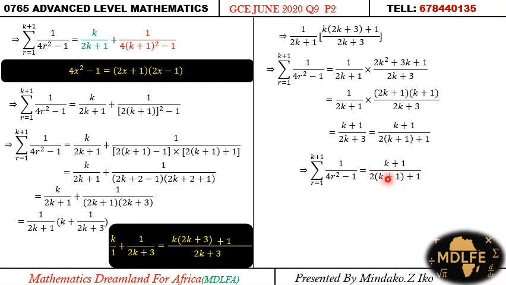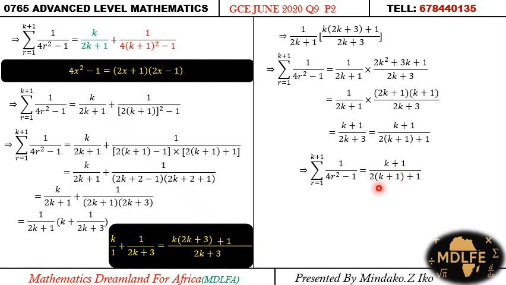That is why we have the summation from r equal to 1 up to k plus 1 of 1 divided by 4r squared minus 1 being equal to k plus 1 divided by 2 of k plus 1 plus 1. And with this, we have successfully proved that nk implies nk plus 1, since we use the nk and the k plus 1 term. So be careful with that k plus 1 term, please.